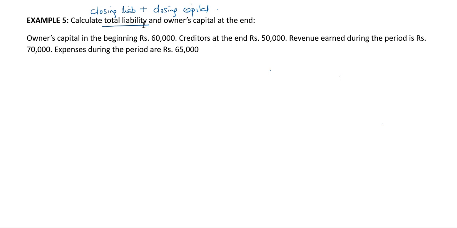Creditors at the end is rupees 50,000. Revenue earned during the period is rupees 70,000, and expenses during the period is 65,000 rupees. So we have the profit as revenue minus the expenses, which is equal to 70,000 rupees minus 65,000 rupees, which is equal to rupees 5,000.